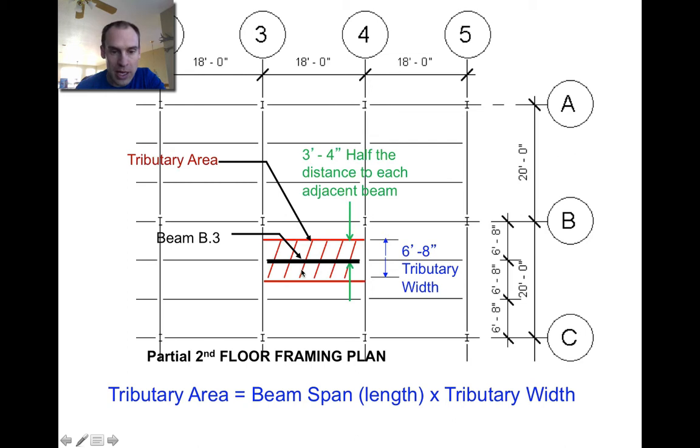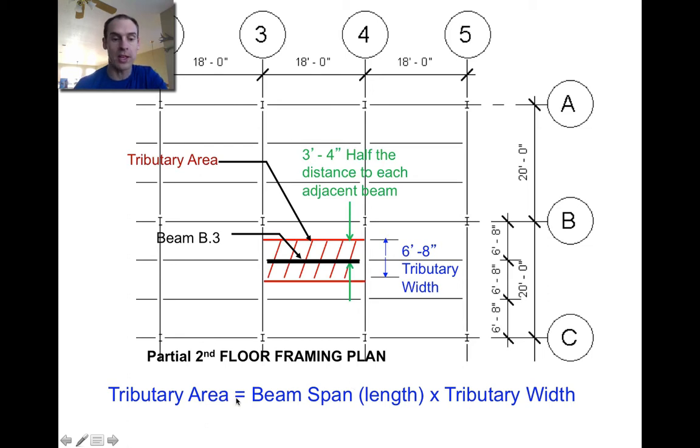So each beam supports halfway to the next beam. So it supports halfway to this beam here, and this black beam supports halfway to that beam right there. So if we go halfway in either direction, that's 3 feet 4 inches this way, 3 feet 4 inches this way, so you have 6 feet 8 inches tributary width, which is essentially just the width between beams. So that is our width, and our span is 18 feet.